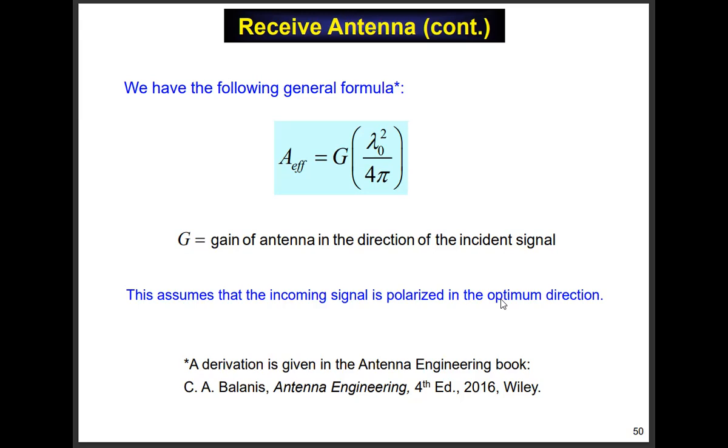If theta is 90, the antenna is not going to pick up anything. But anyway, this formula assumes optimum polarization, whatever it is. It could even be CP, a transmit CP and a receive CP, as long as they are both right-handed or both left-handed. With a polarization match between transmit and receive, this formula applies.